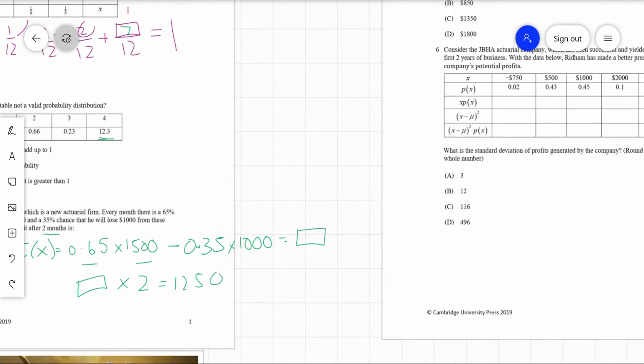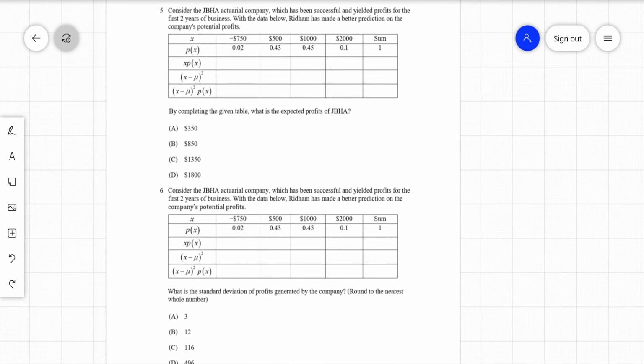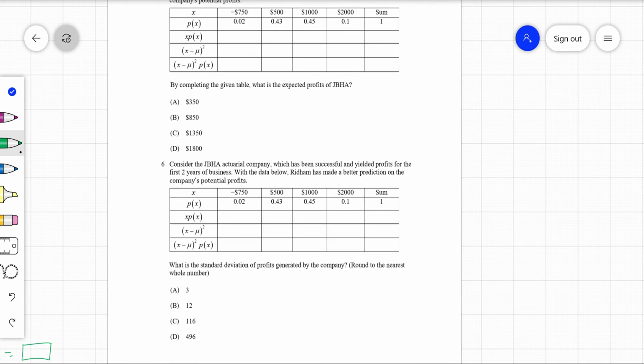All right, number 5. Number 5 and 6 have the same table. If we fill that table in, we've got the probabilities and we've got the score, the x. So the x times the p of x.